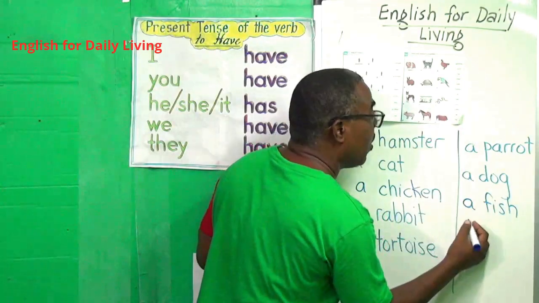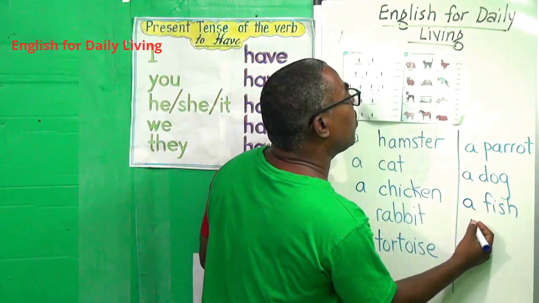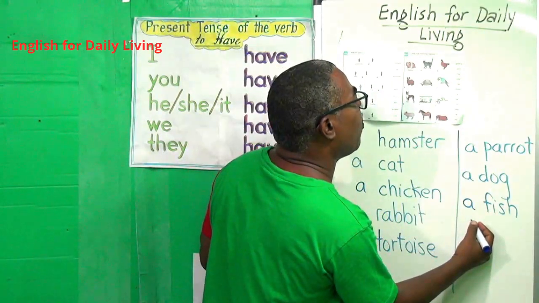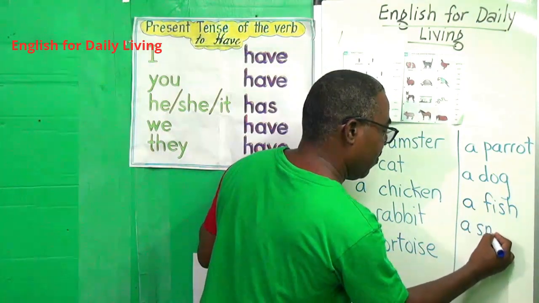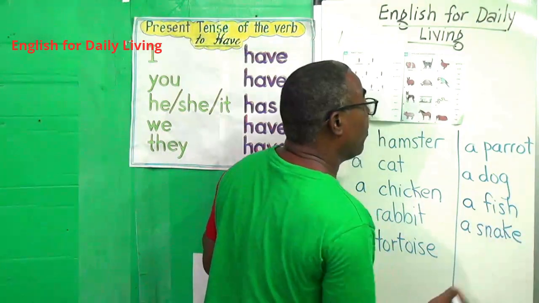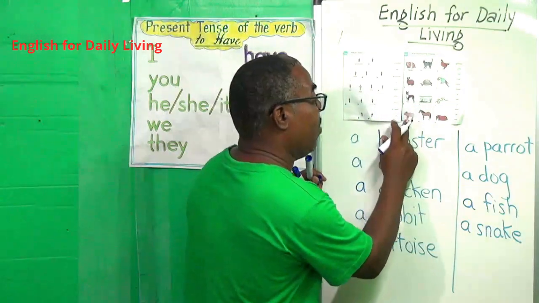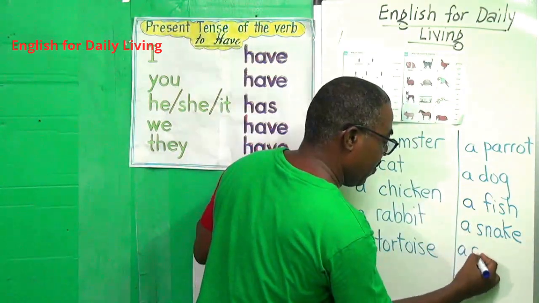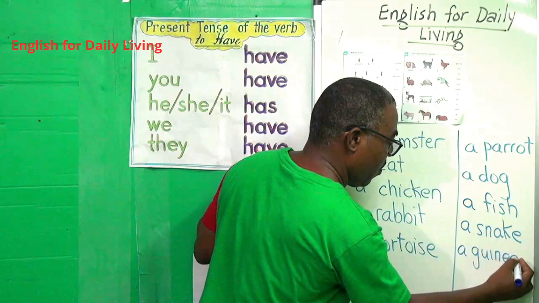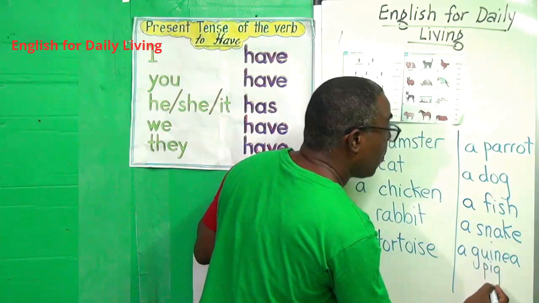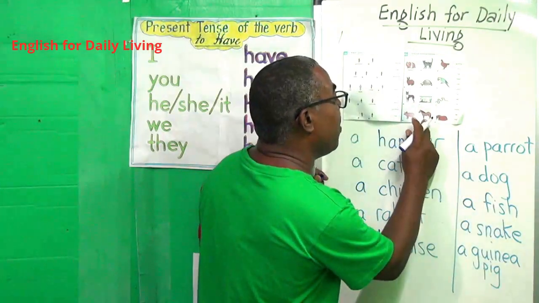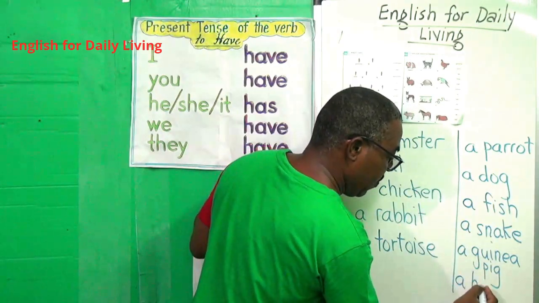Next, coming up, we have a snake, a serpent. Then we have here a guinea pig. And then coming in next would be a horse.